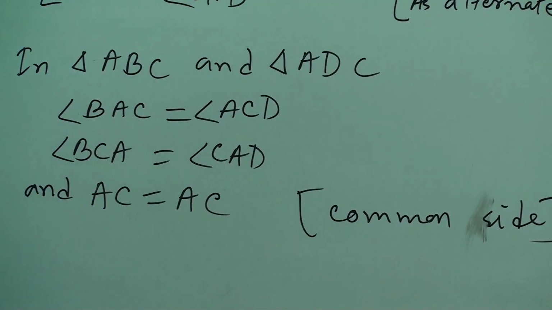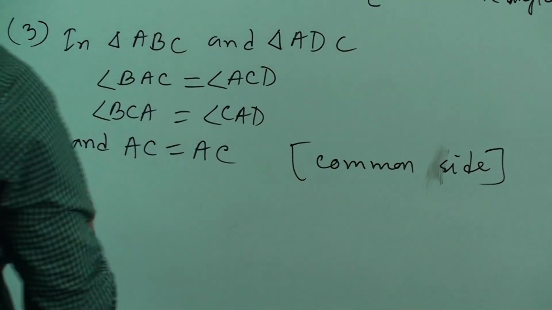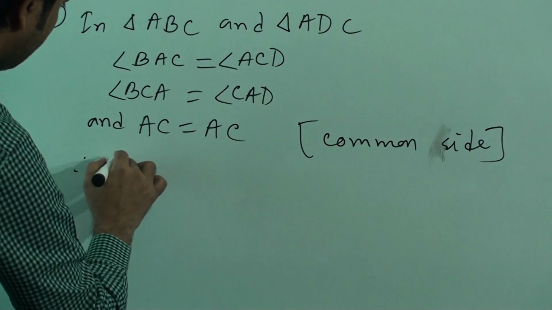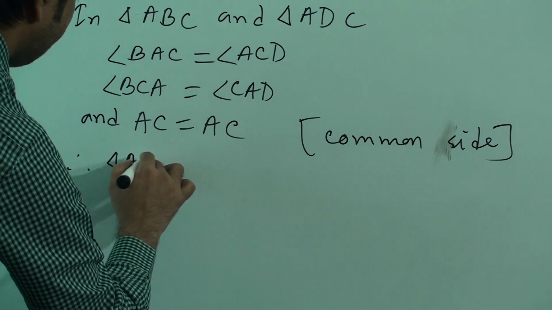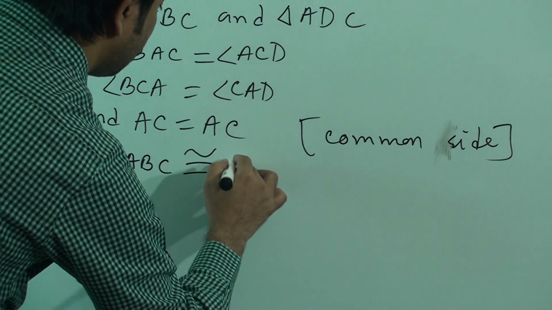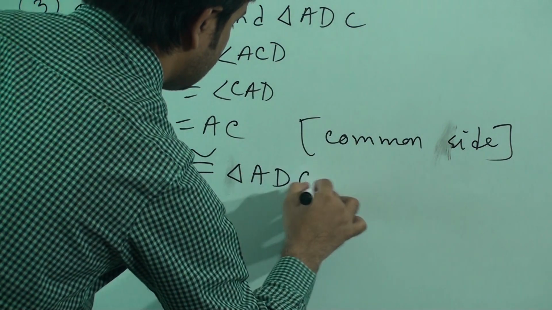So we can say these two triangles are congruent according to the angle side angle theorem of congruency. Therefore triangle ABC is congruent to triangle ADC.